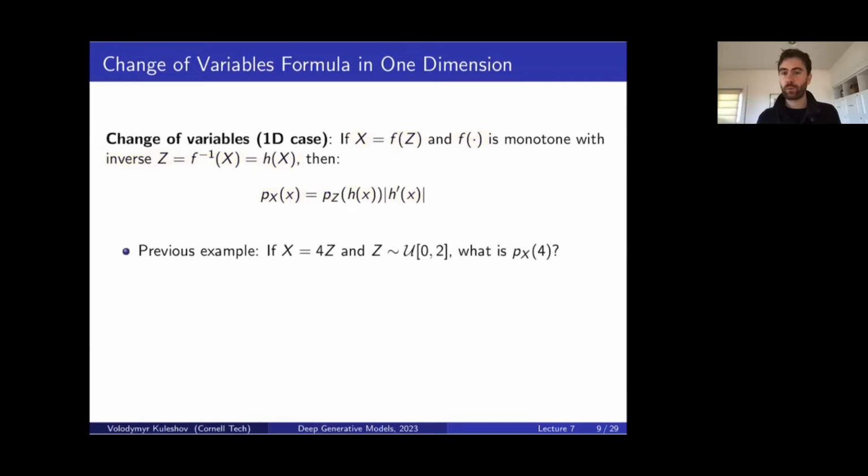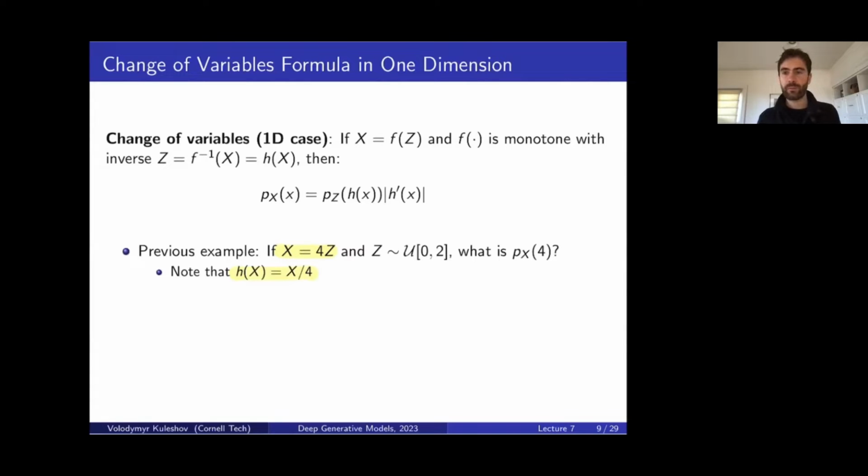So let's just check if it works in our previous example. In the previous example, we said that this is our transformation, we wanted to compute this density. Here we have an instance of change of variables with a mapping.